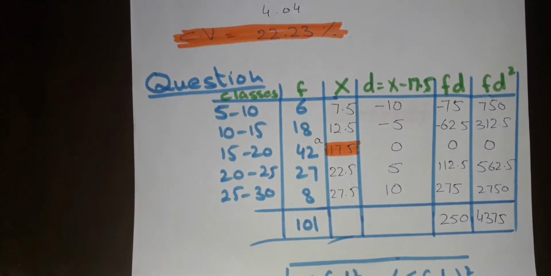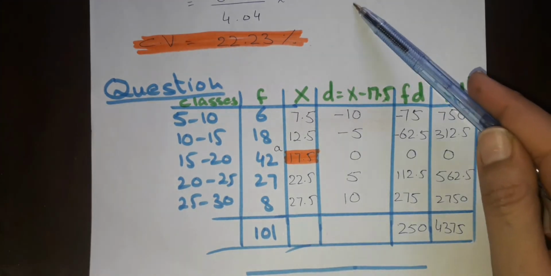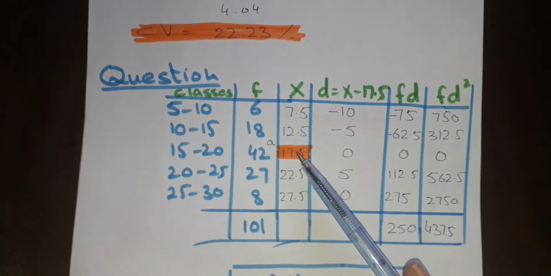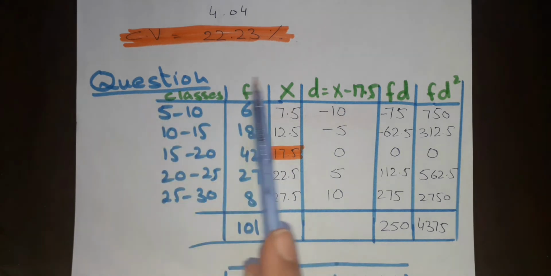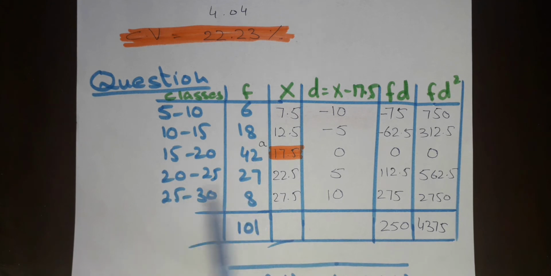Now I'm going to solve a question for grouped data. It was the question for ungrouped data, and this is the question for grouped data. How can we guess that this is grouped data? We are given these two columns in the question, and these columns show that this is grouped data.